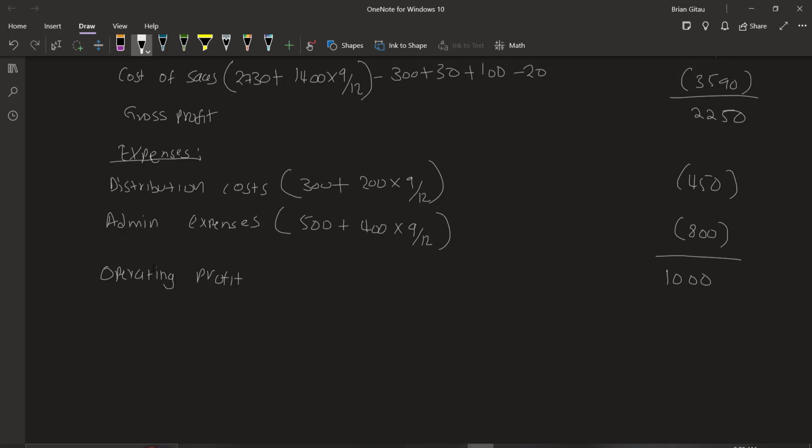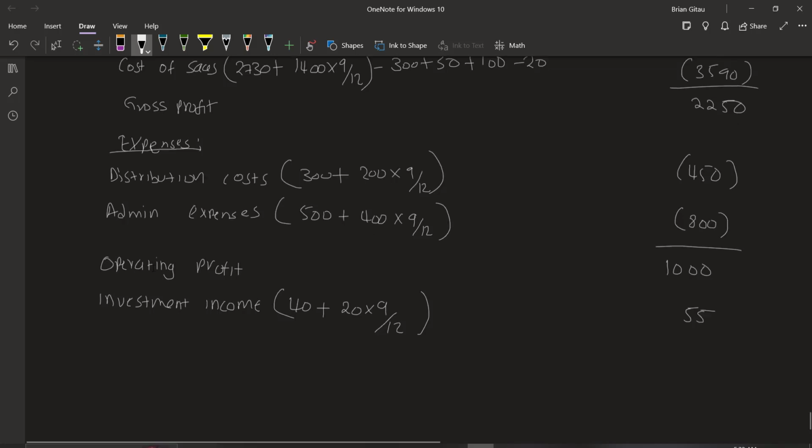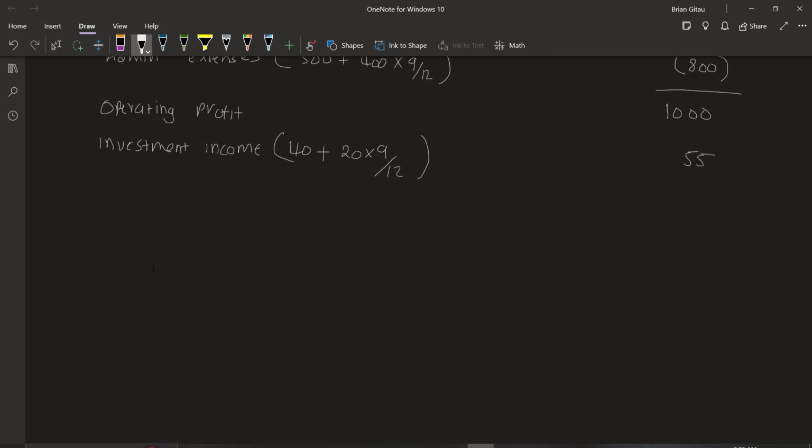So you can go ahead and add investment income. I'm just taking the figures from the income statement. We have 40 plus 20 times 9/12. So 40 plus that is giving me 55. Next we have finance cost.